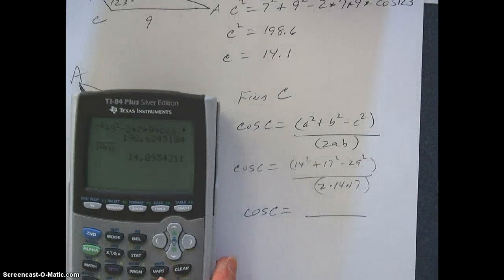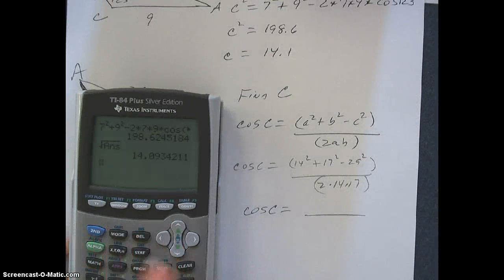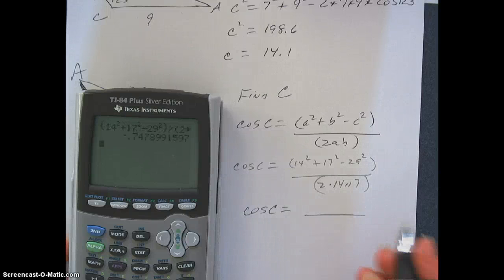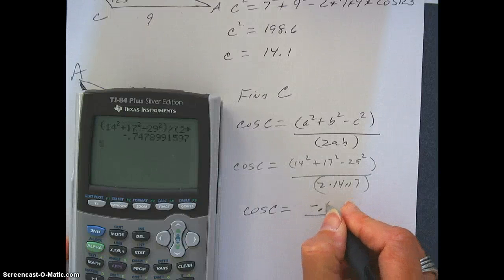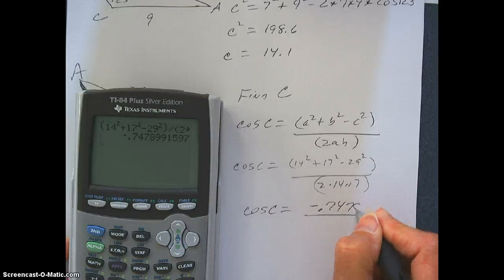So we'll have an extra step here, and let's punch first the numerator divided by the denominator. This is what the cosine of C equals.